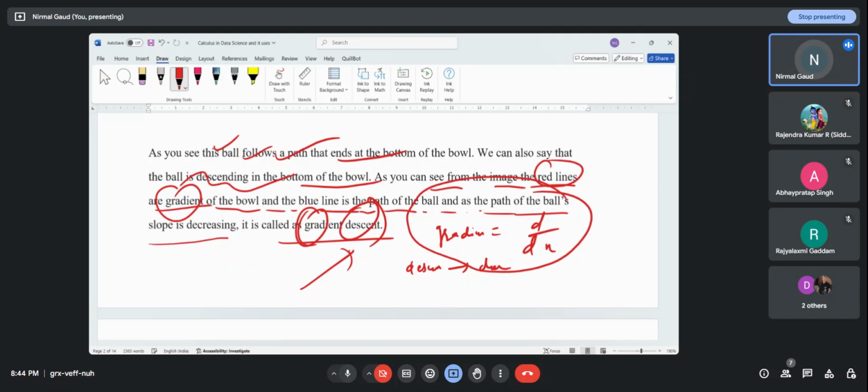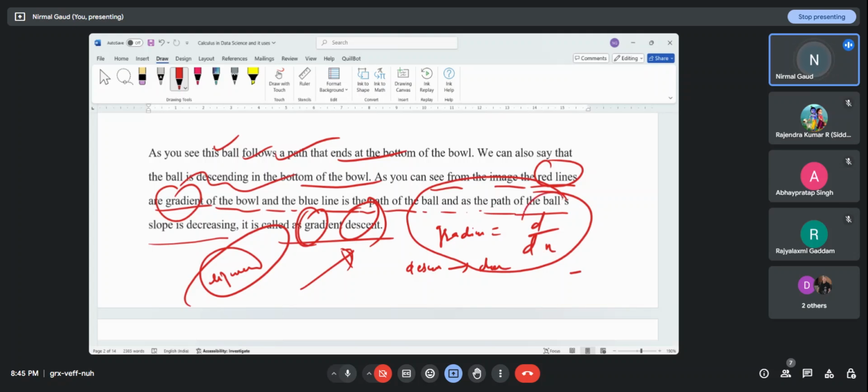Gradient is always pointing upward, and descent means downward. So for descent, we put a minus sign.